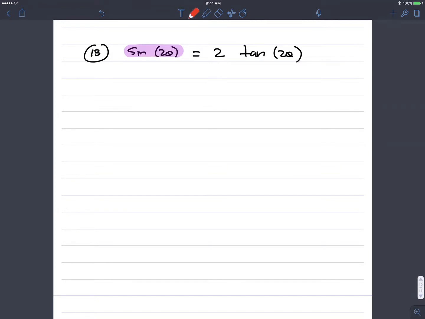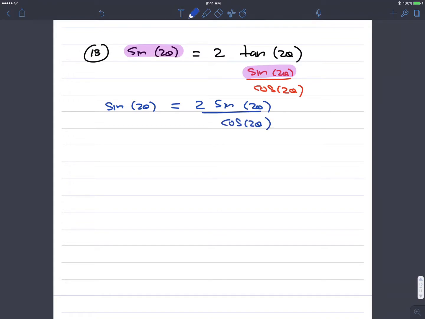That tangent theta can be described as sine 2 theta over what? Cosine 2 theta. You okay with this? Notice I have a numerator for sine 2 theta. I'm using that identity. So sine 2 theta becomes 2 sine 2 theta over cosine 2 theta.